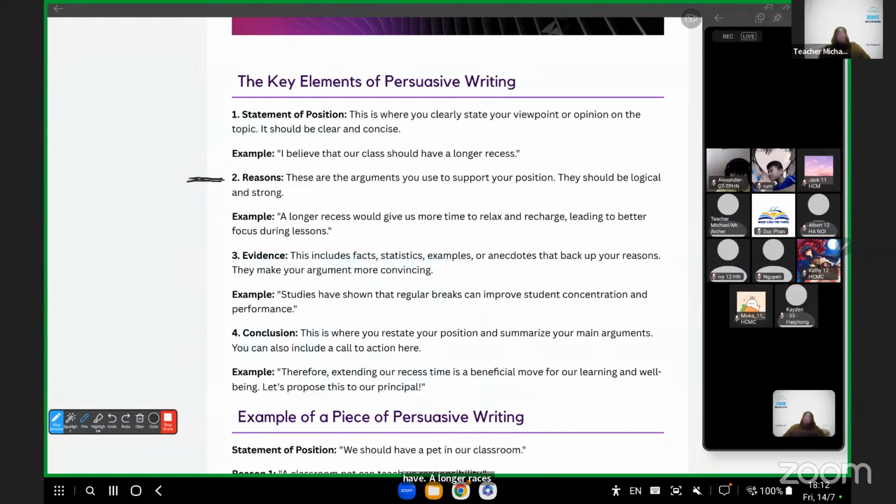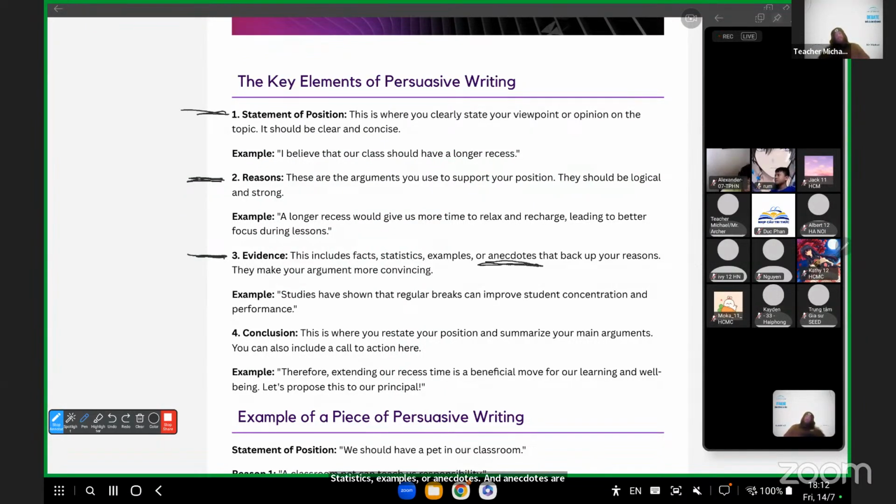Next, we would be looking to provide evidence. Evidence is important because it includes facts, statistics, examples, or anecdotes. And anecdotes are just personal stories, things that have happened to you that you can use as evidence if it relates to the topic you're talking about.